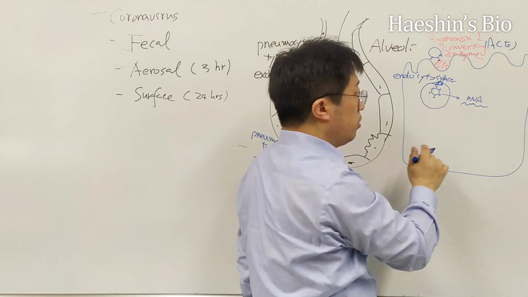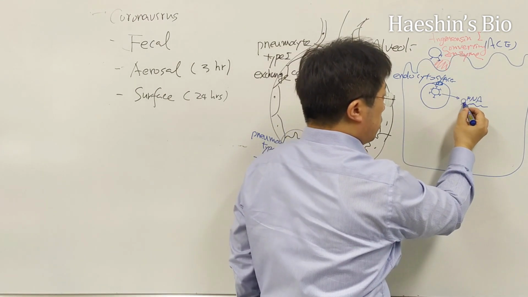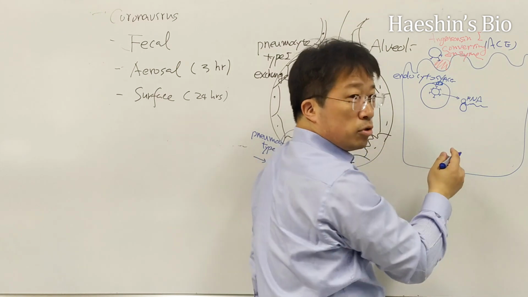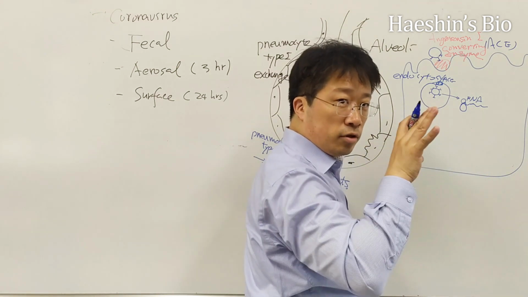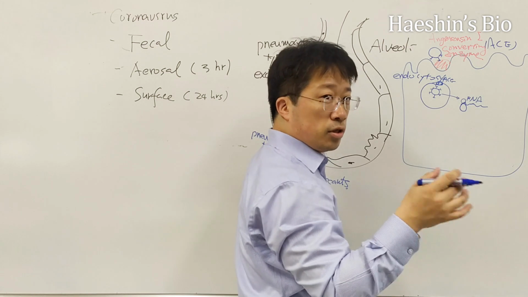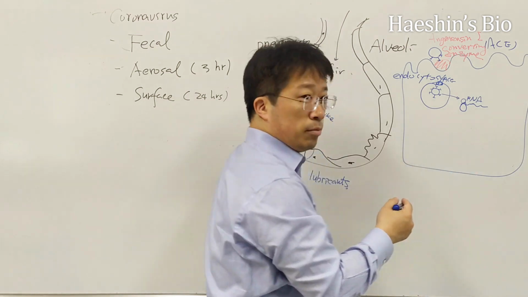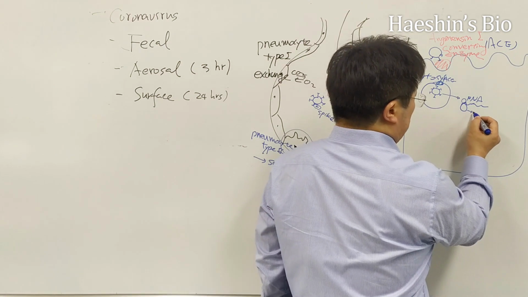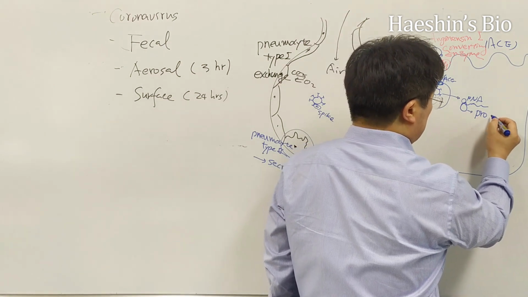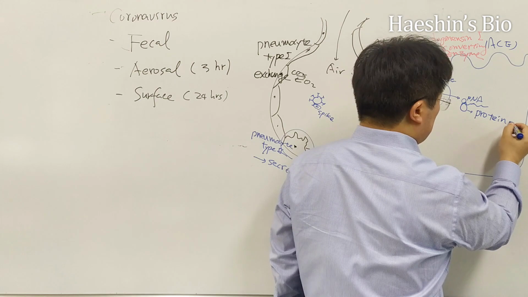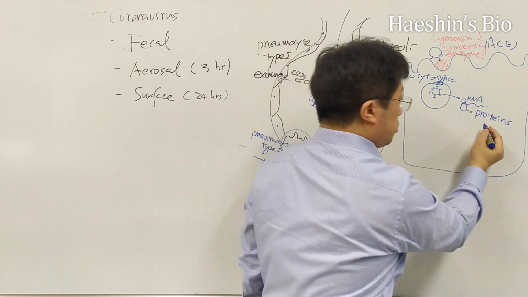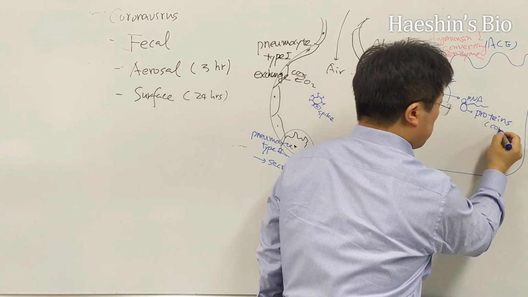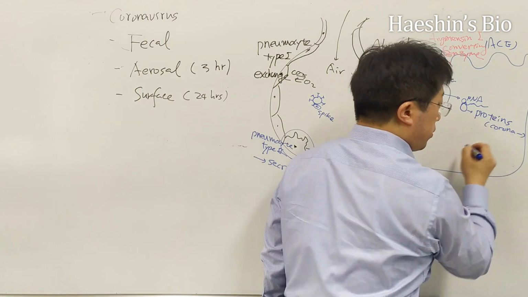This is the host cell, and this is a ribosome. The ribosome is the area where the RNA binds and makes a protein. So this is the translation process, as I mentioned before. So now they make proteins here, and these proteins are actually coronavirus proteins.